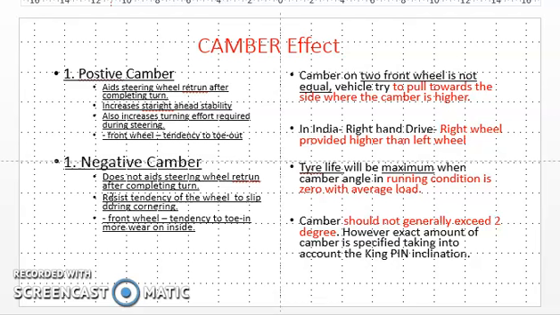That's why the camber should generally not exceed 2 degrees. However, the exact camber is specified taking into account the kingpin inclination. You have to consider the kingpin inclination while deciding the camber, but generally it should not exceed 2 degrees.